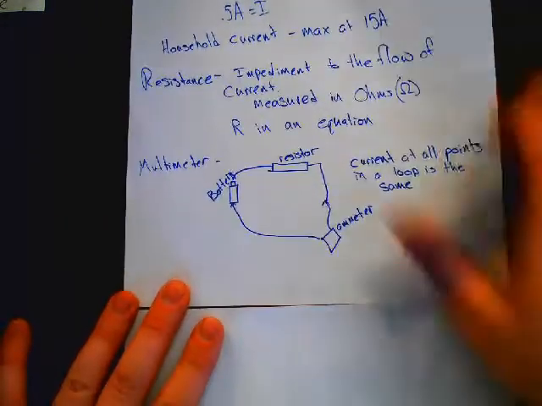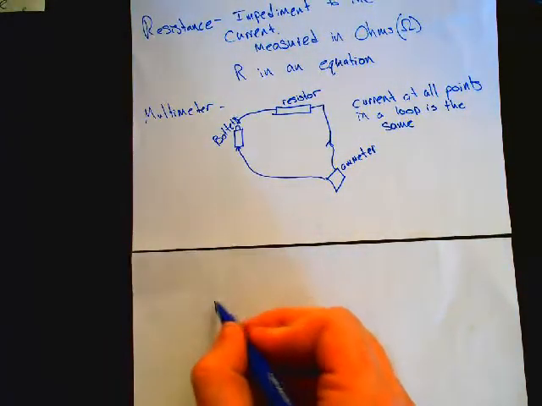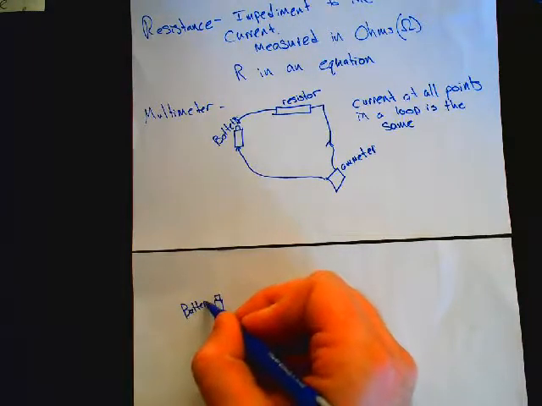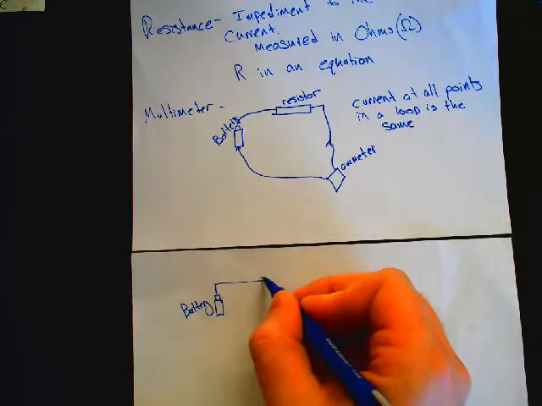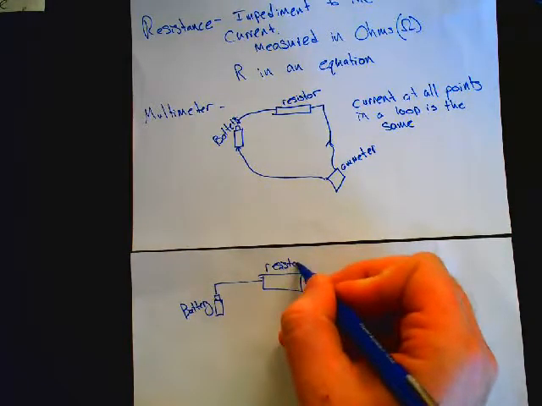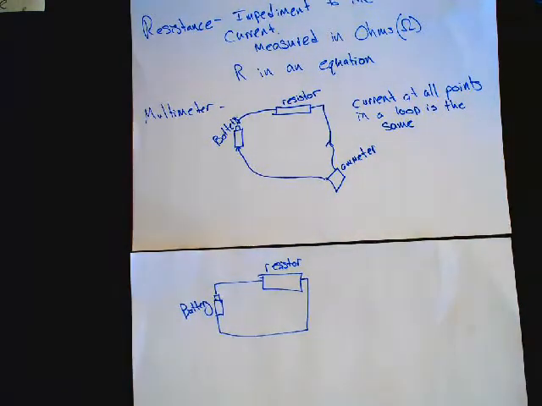The alternative to this is how we actually measure volts. So again, with a battery looping up and over to a resistor, I'm going to close this one and measure how much energy per charge the resistor is using.